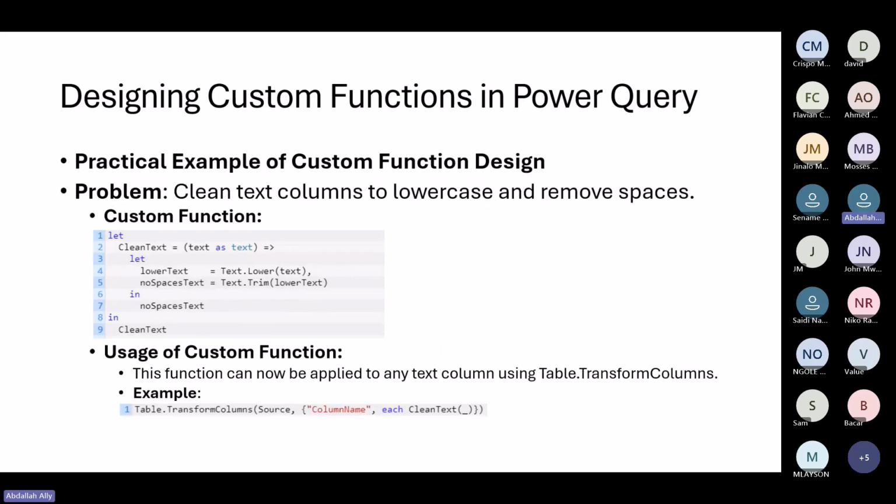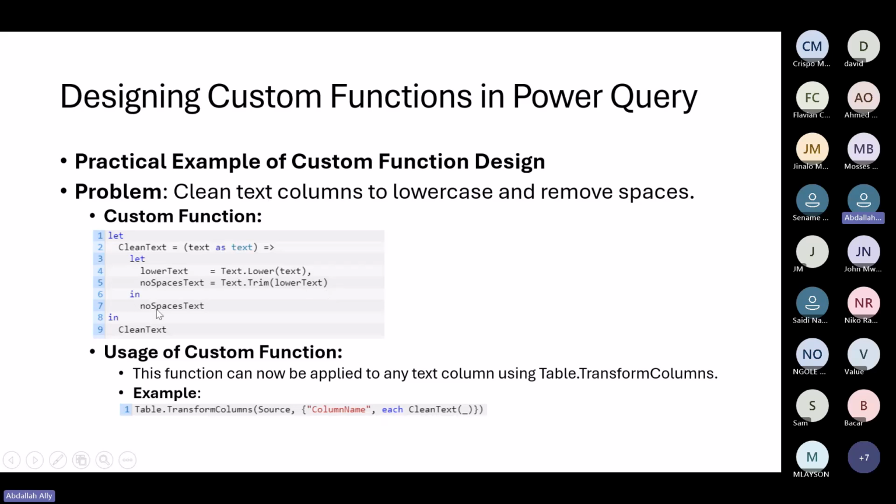So let us go to practical examples. I have my function here that cleans the text. My cleaning is just a 2-step. First of all, I'm just lowering a text. I'm using the built-in function text.lower to make this text lowercase. Then the output of this, I'm using the text.trim to remove the leading and trailing spaces.